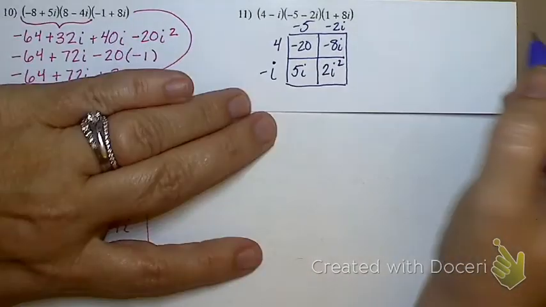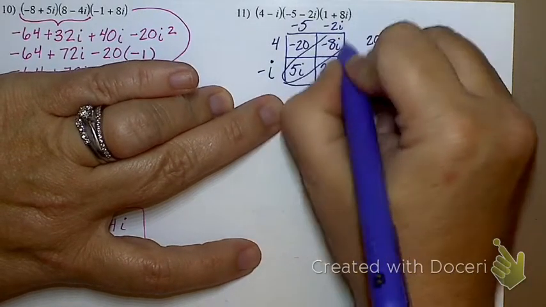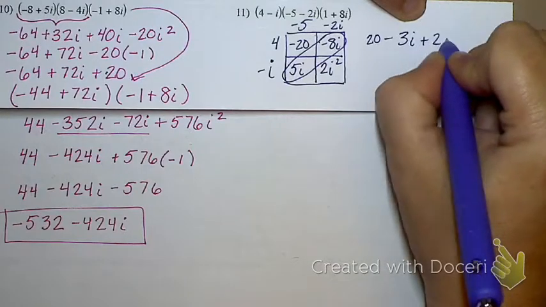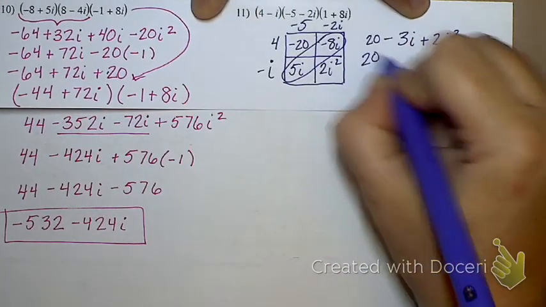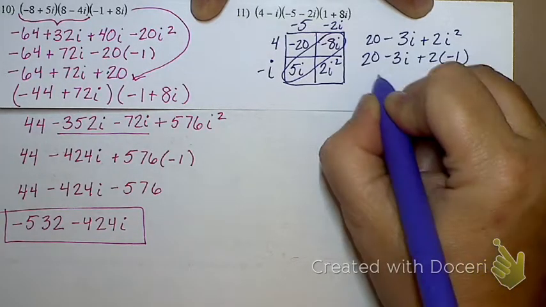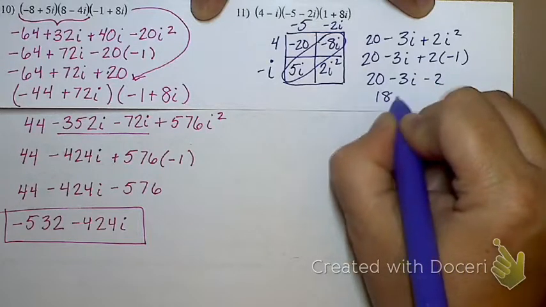So far so good? So this gives me 20 minus 3i plus 2i squared. So 20 minus 3i minus 2, or 18 minus 3i.